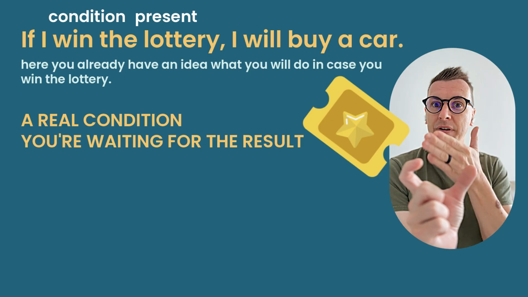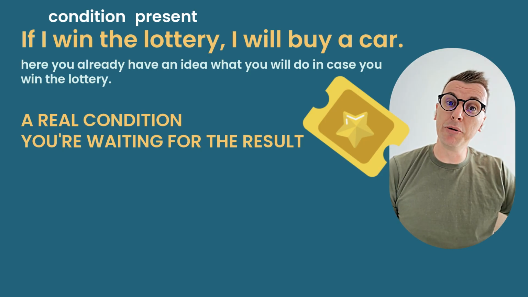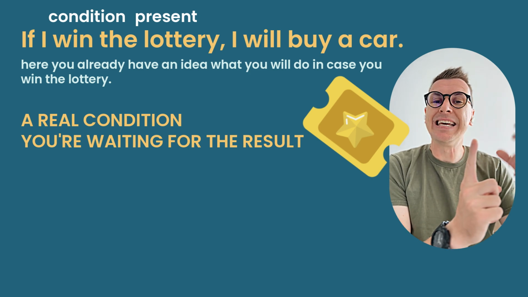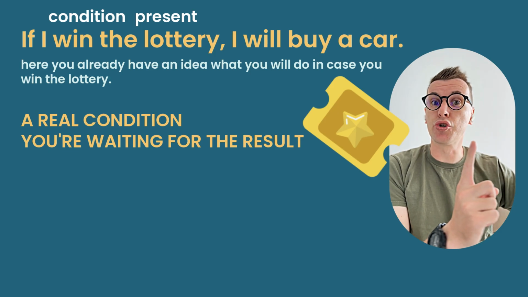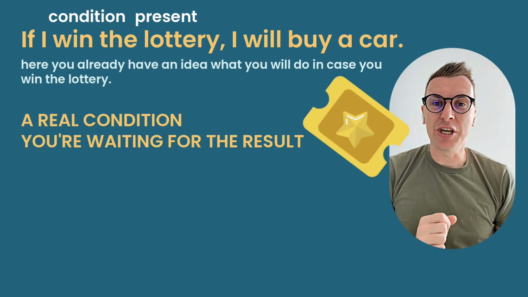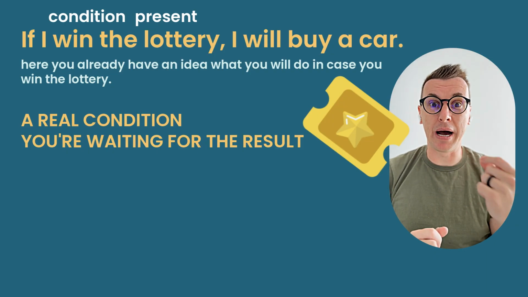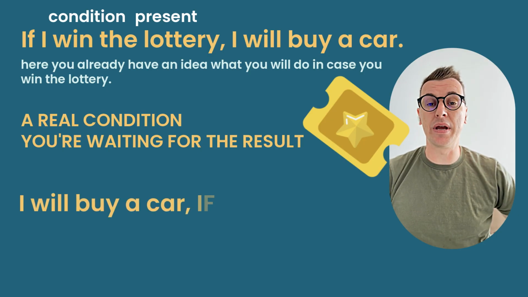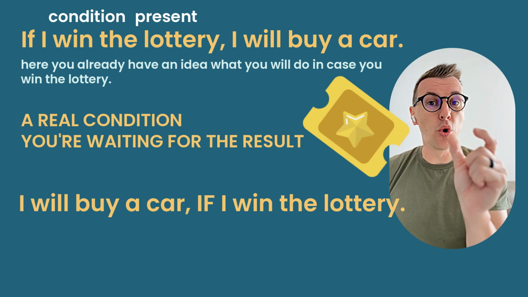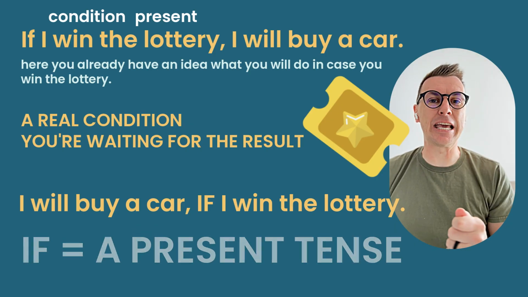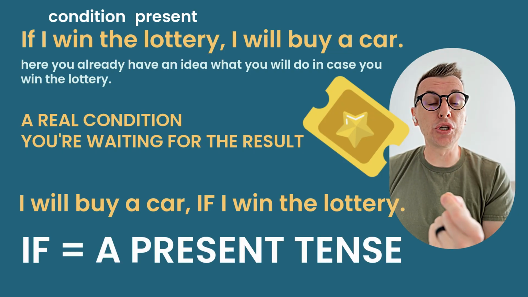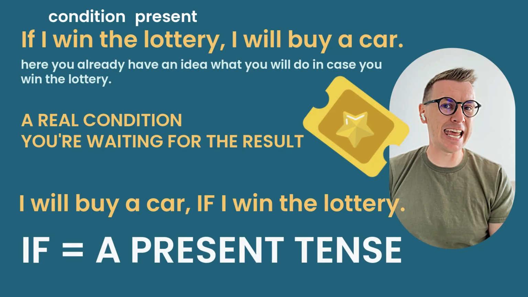In our case, if I win the lottery, I will buy a car. So only the second part, the result part, is the future tense part, like will. And like I said, we can exchange it. I will buy a car if I win the lottery. So for you, please let the word if be that indicator that this is the little bit where you are going to use some present tense.